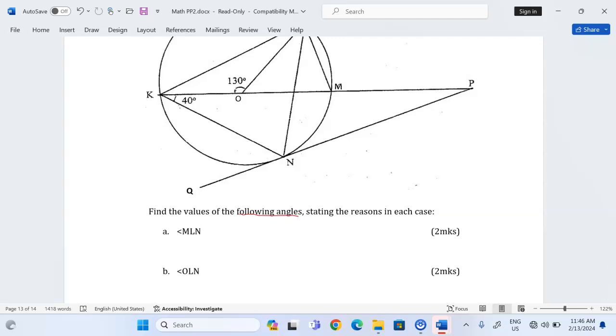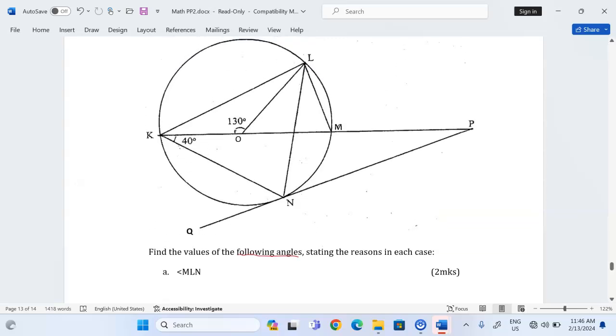The first angle to be found is MLN, so the angle at this point. What we should know is that when we look at a chord like MN, this chord is producing an angle at the circumference of the circle whose value is 40.